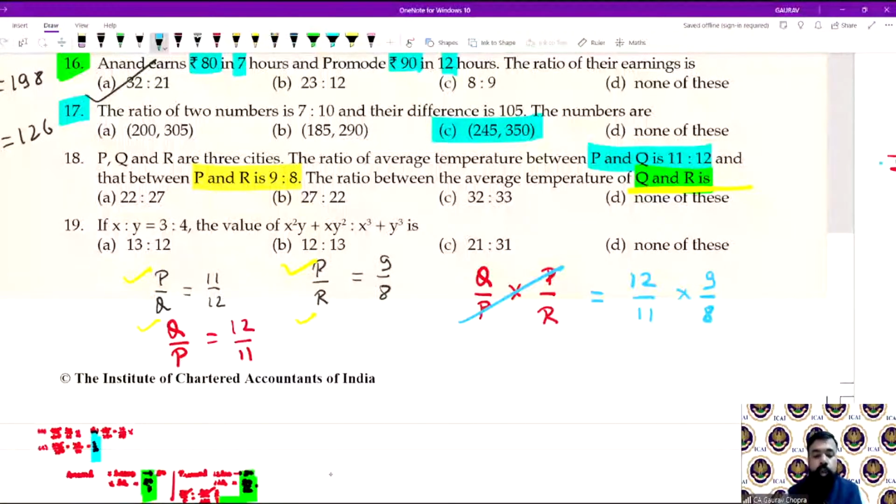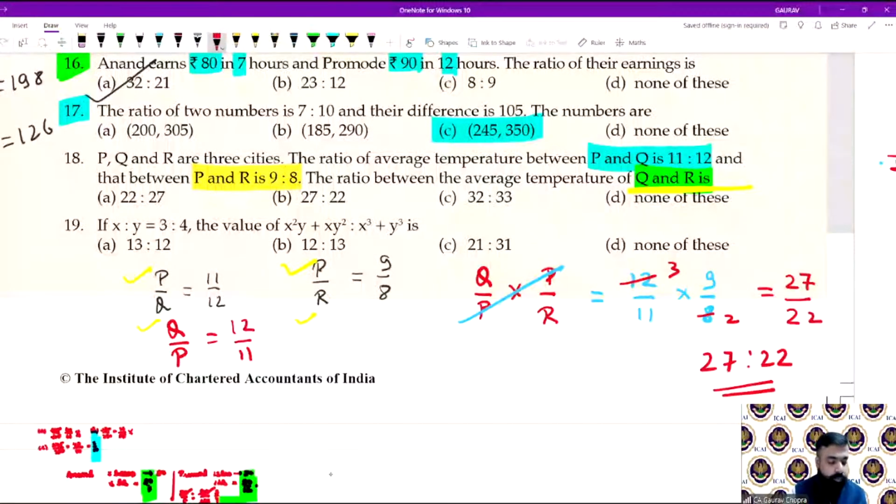And now we can do the cancellation and get the result. 3 and 2, so 27 by 22. So 27 ratio 22. In this manner, we can get the answer.